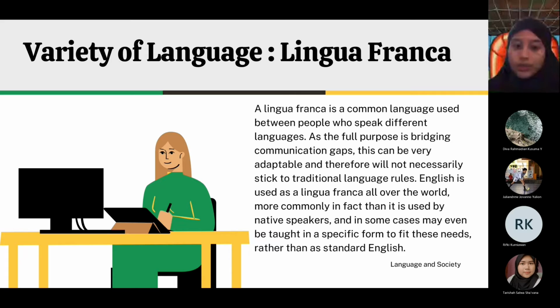English is used as a lingua franca all over the world, more commonly in fact than it is used by native speakers, and in some cases may even be taught in a specific form to fit these needs, rather than a standard English.